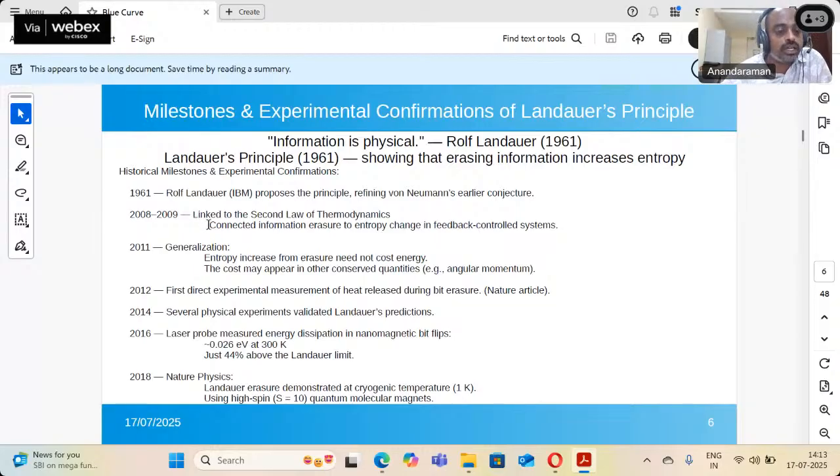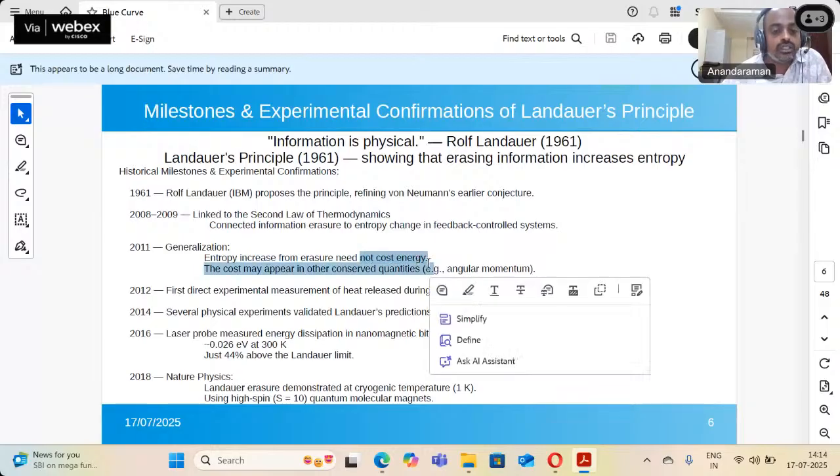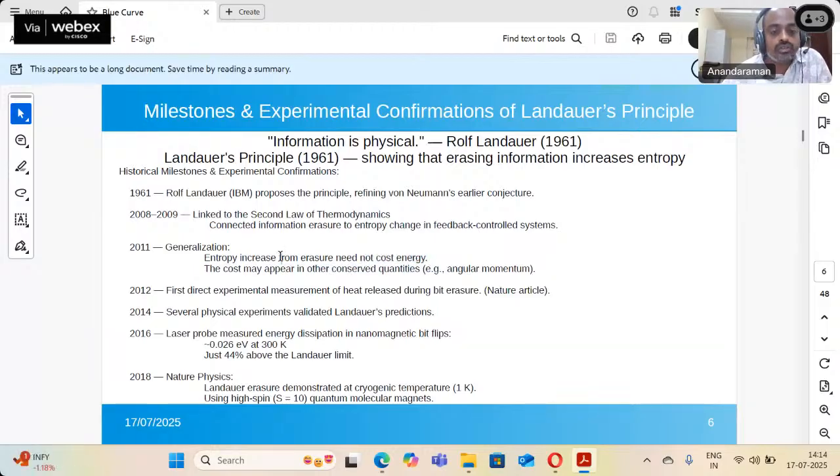And then in 2011, a generalization: entropy increase from erasing need not cost energy. That means if you are erasing the information, then the orderliness is reducing. If orderliness is reducing, then entropy is increasing. So information, entropy, and energy have a relationship. We will deal with that in the next slide.